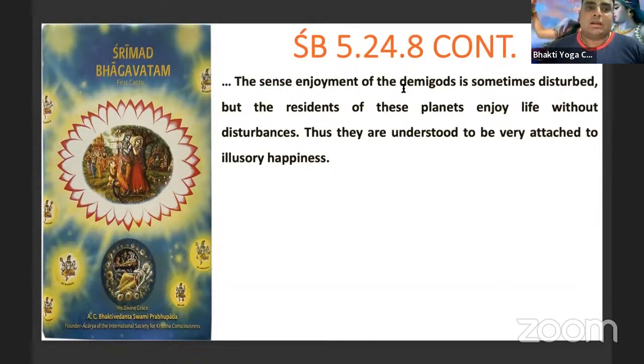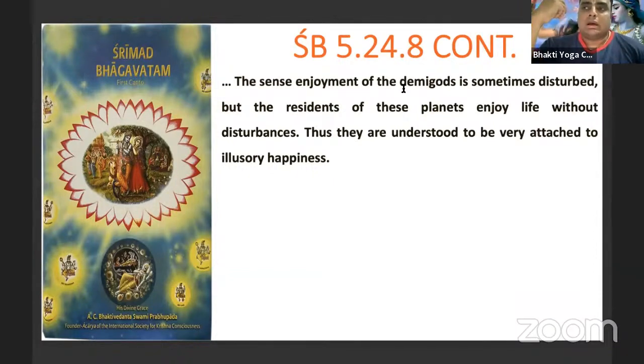So for those who end up in the upper planetary system, it's quite a tricky situation, because even for those who end up in Swargaloka, they can enjoy a lot of material opulence, but as we have seen from the Gita, especially in chapter 9, that is completely useless, because once the visa expires, we still have to return to the Madhya Loka.